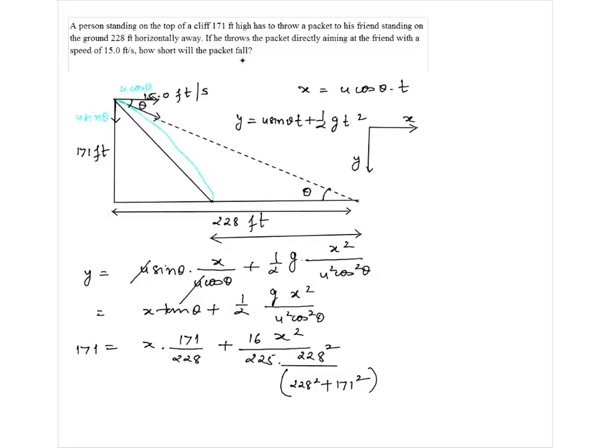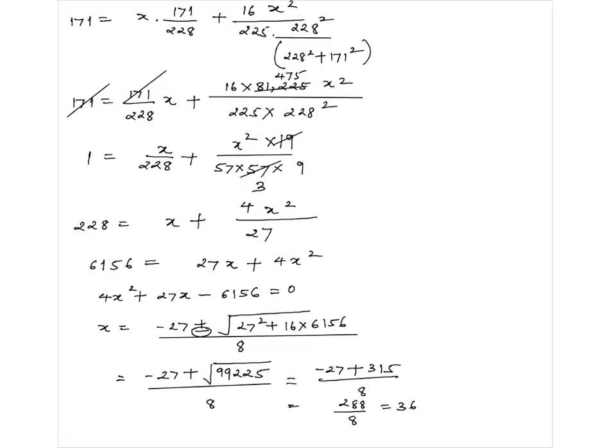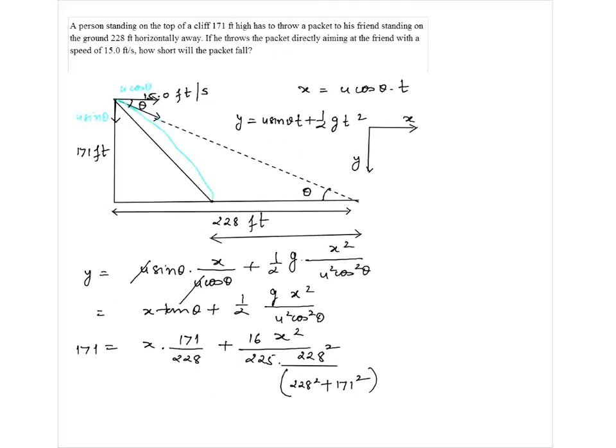Look at the top, x equal to u cos theta into t. X we have already found out, 36. U is known, cos theta is known, based upon hypotenuse. You can easily find time of flight.